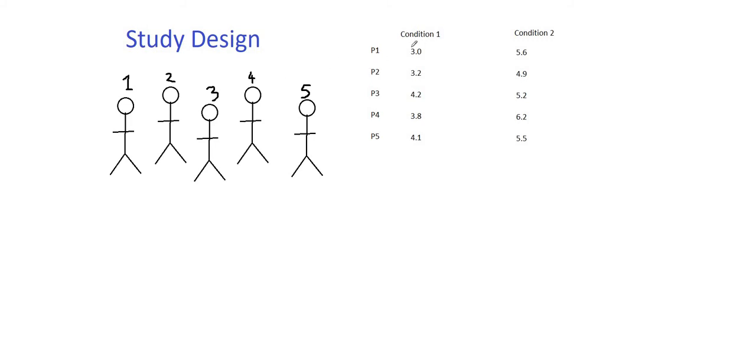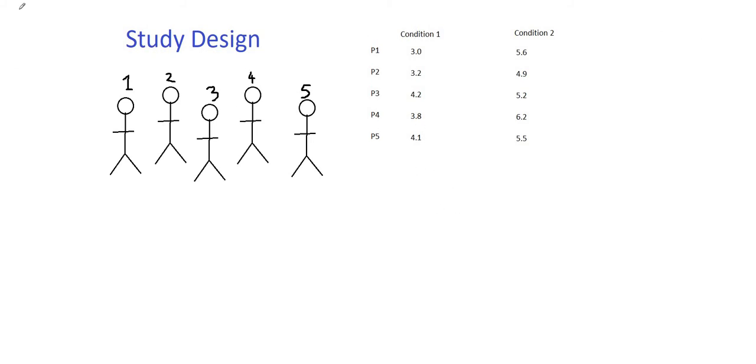Now you have the same participants undergoing each condition. So for participant 1, in condition 1, they got 3, in condition 2, 5.6. For participant 2, in condition 1, they got 3.2, and for condition 2, they got 4.9. You see where I'm going with this. So, it's very important that what you don't present in your results section is the raw data, or semi-raw data.